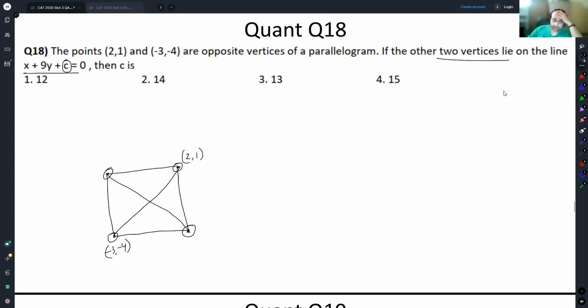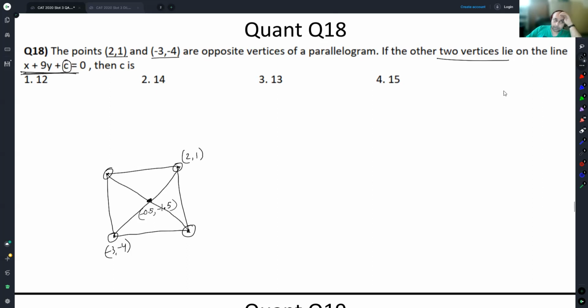So if diagonals bisect, this central point coordinates we can find out: (2 plus (-3))/2 and (1 plus (-4))/2. The coordinates of this intersection point will be (-0.5, -1.5). And this point will also lie on this line.